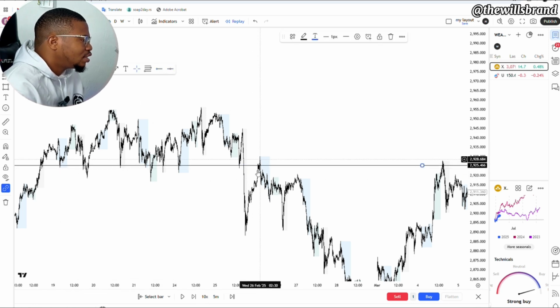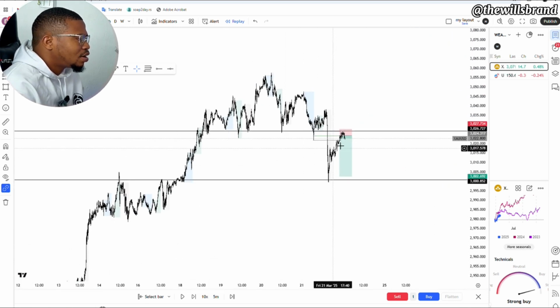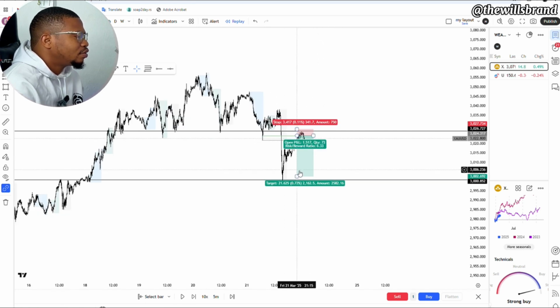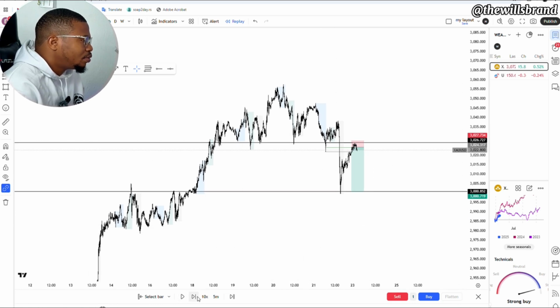You can see how price mitigated this particular point and started dropping. This was exactly the same thing I was looking at here. That was why I took the trade off this fair value gap, the 50% of the fair value gap, and I was targeting this low. Remember, at this low, price had already tapped into a demand, a support level, and that's where we're getting this reaction. Now look at what happened.